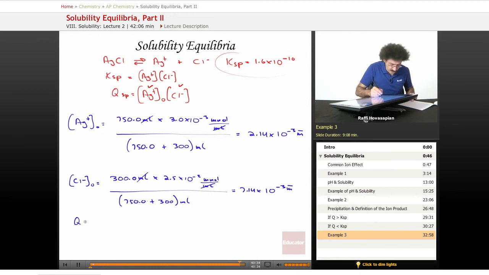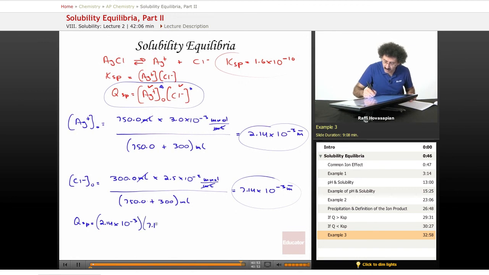Well, QSP is equal to that times that, right? This expression, and there's no exponents, so we're okay. So it's going to be 2.14 times 10 to the negative 3 times 7.14 times 10 to the negative 3.